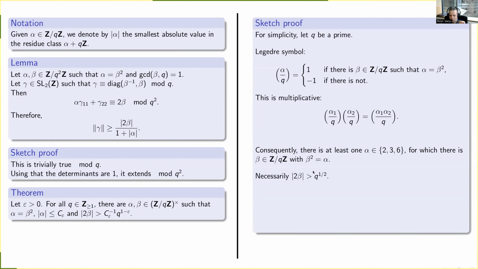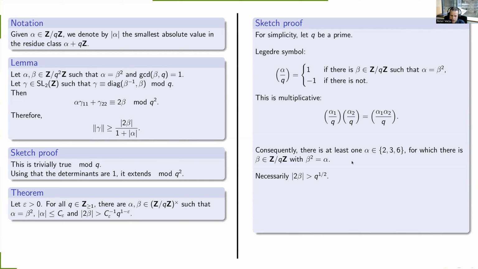So that you can have a congruence modulo q, you need to wrap around, and that will only happen if 2 times beta would be bigger than q to the 1/2. So this very simple observation already gives us some mileage, and we can prove this theorem with epsilon equals 1/2 just by this very simple observation.